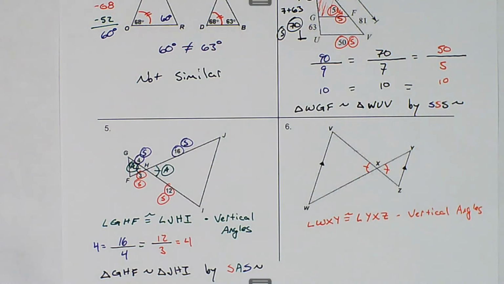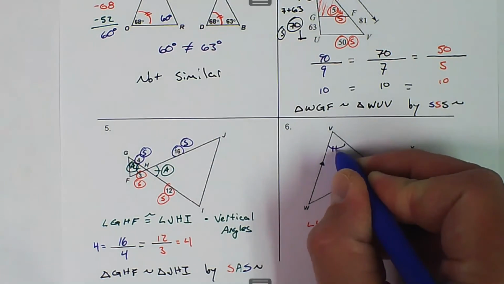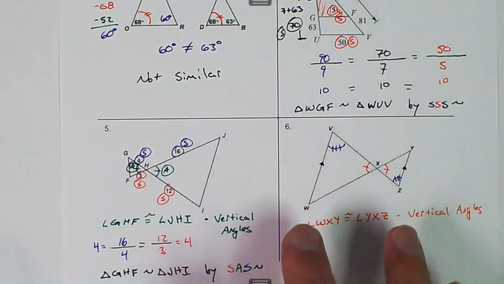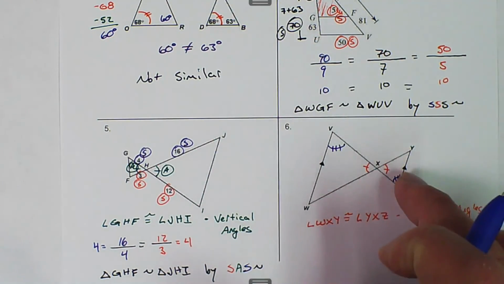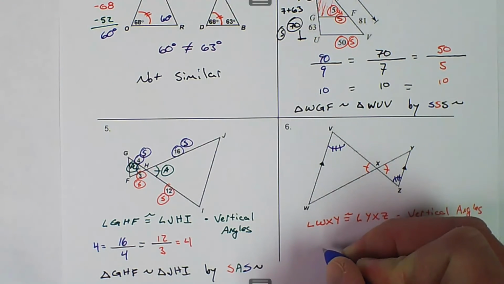And next thing we have to check for is, actually, there's a lot of things that we could check for. Angle V is congruent to angle Z. If we have two parallel lines cut by a transversal, alternate interior angles are congruent.